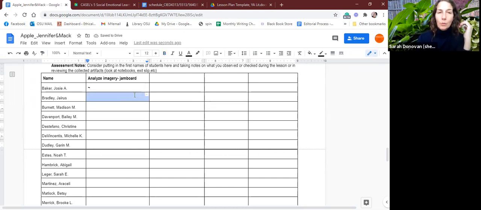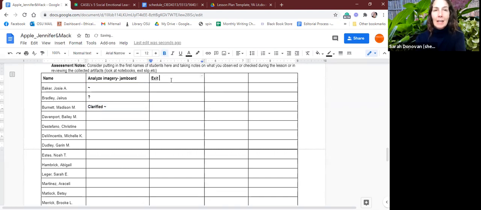If you checked, but they weren't quite ready yet, you can put a question mark and then come back and check it later. If you gave them support or clarified, and that led to success, you can put that in there. And then maybe at the end, they do their exit slip, like the 3, 2, 1.